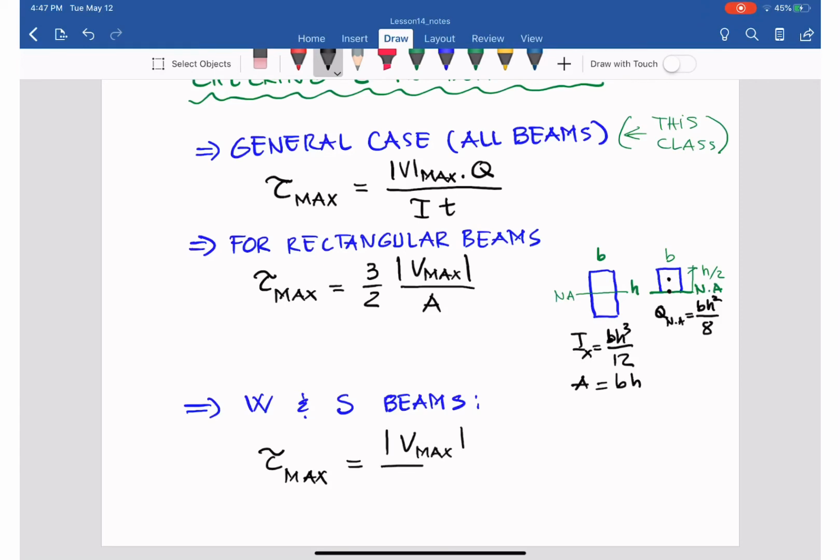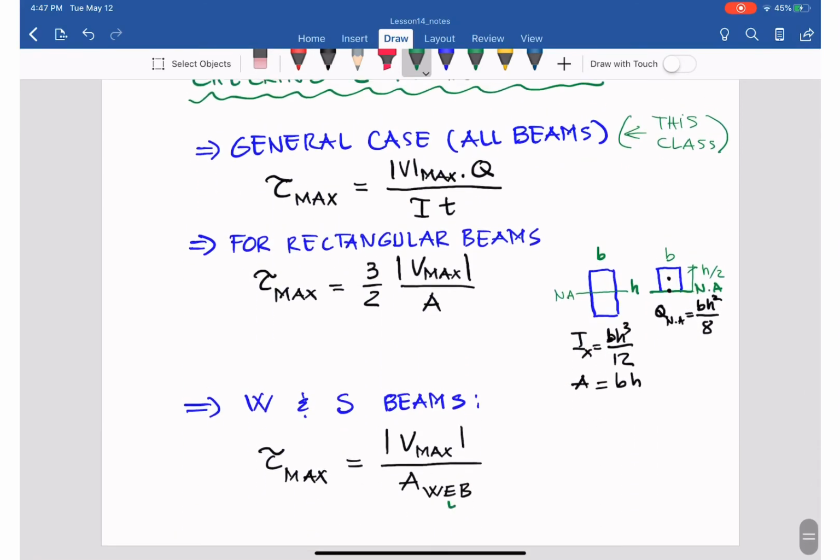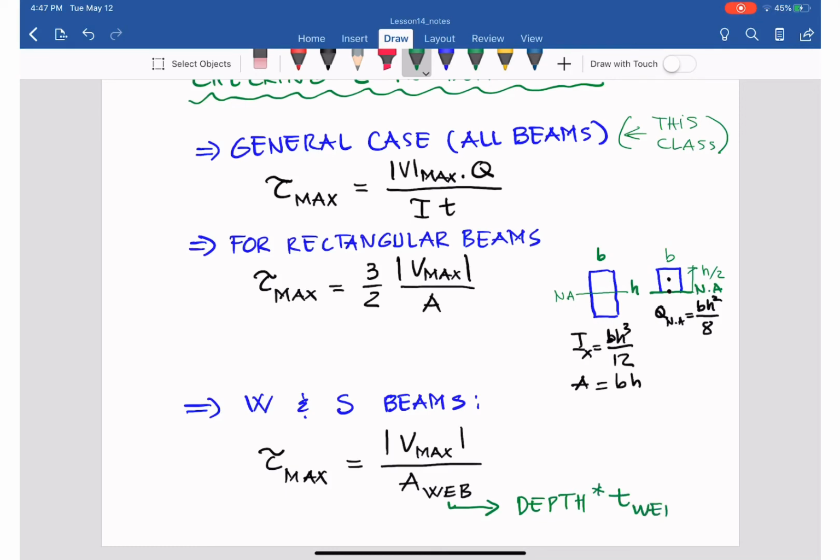We have V max over the area of the web, where the area is the depth times the thickness of the web, which is available in Appendix C.